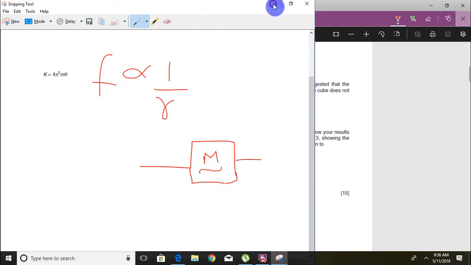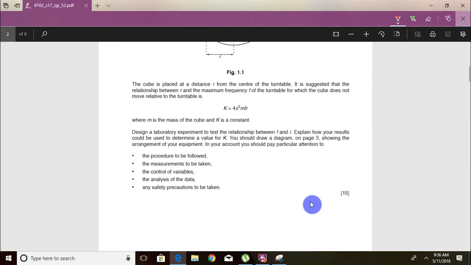So we need a motor, we need a variable power supply, or we could just do with a normal power supply and a rheostat and an ammeter and a switch, so that the circuit diagram part of it is complete.